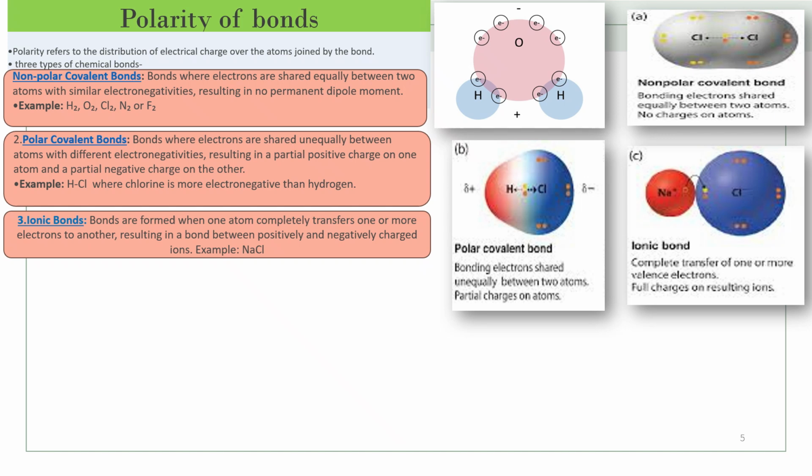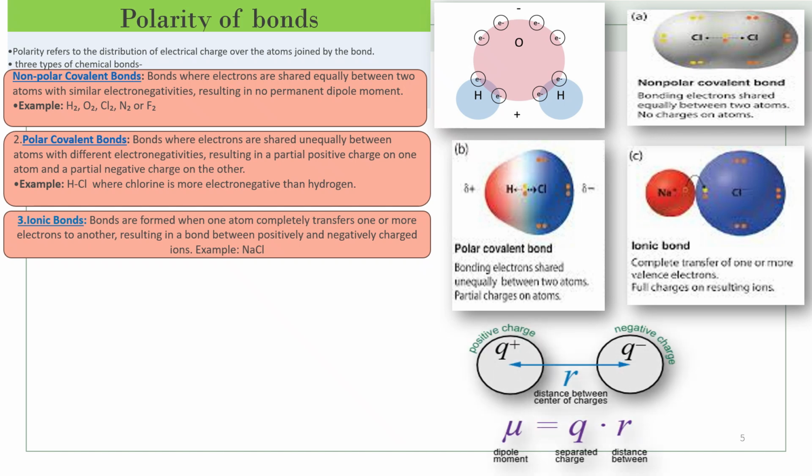Now, as a result of polarization, the molecule possesses a dipole moment, which can be defined as the product of the magnitude of the charge and the distance between the centers of positive and negative charges. It is usually designated by the Greek letter mu.